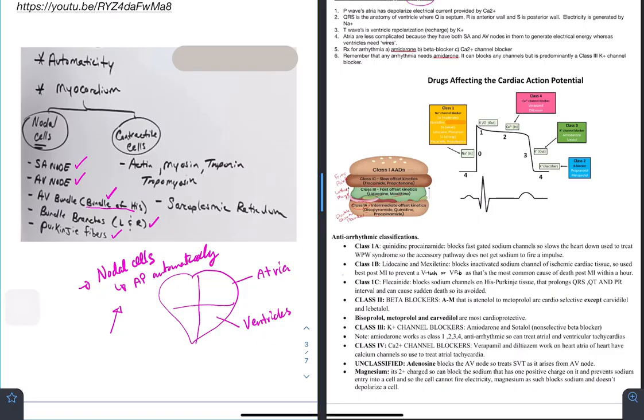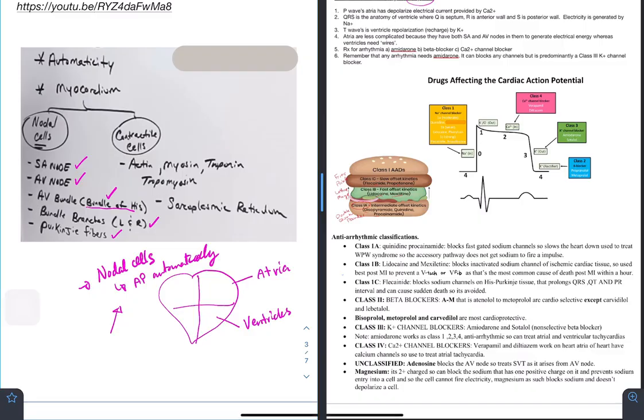Another reason for the importance of these nodal cells is that they are mostly found in the atria, and if there is any pathology going on in the atria, the top chambers of the heart, it is less severe in comparison to the ventricles.